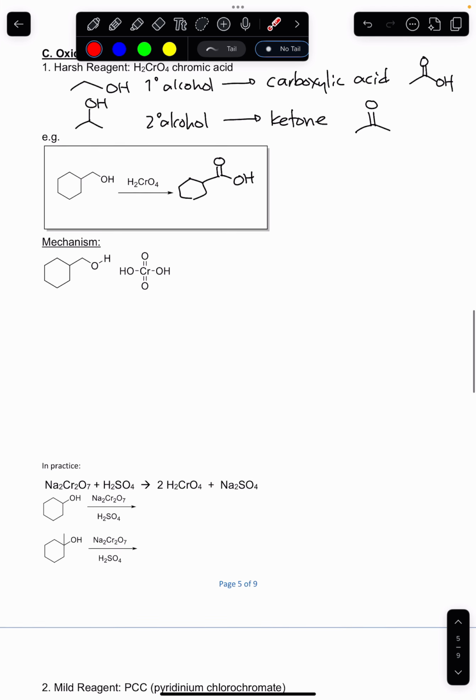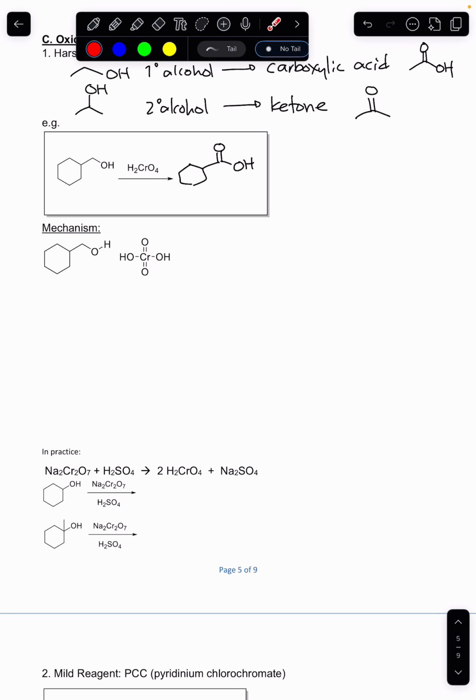But the mechanism, of course, is the hard part, and this is probably the most involved mechanism you've seen so far. Okay, and it's so involved that the first few steps we're not going to be able to cover within this chapter because you kind of need the knowledge from the next chapter. We're going to cover that in the next chapter, and so after chapter 9 is covered, I'll assume that you'll be able to draw the step-by-step, complete mechanism for this.